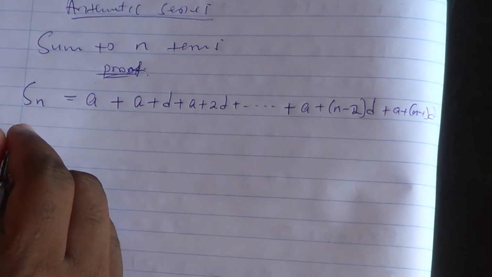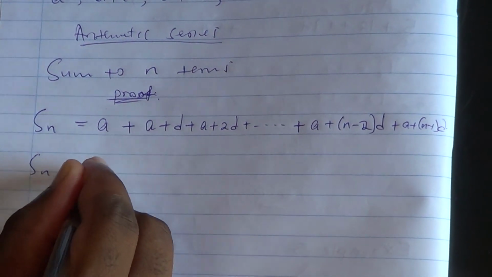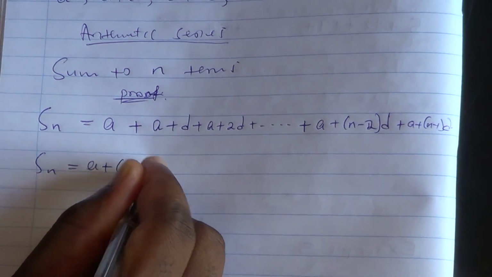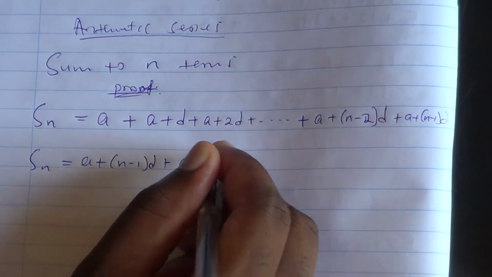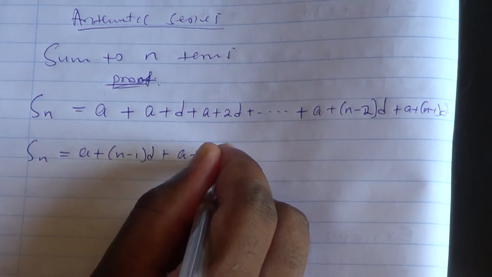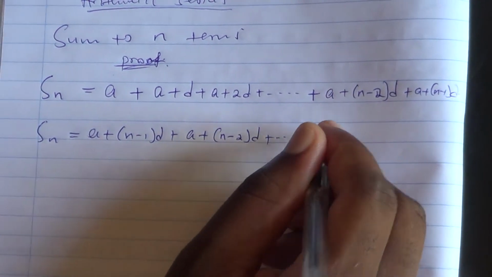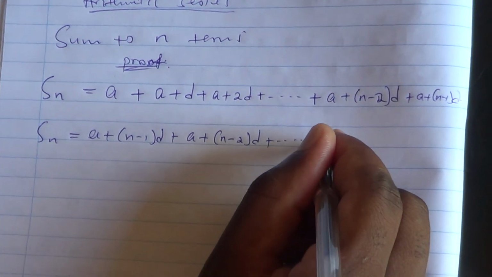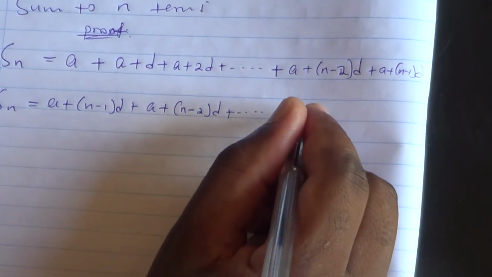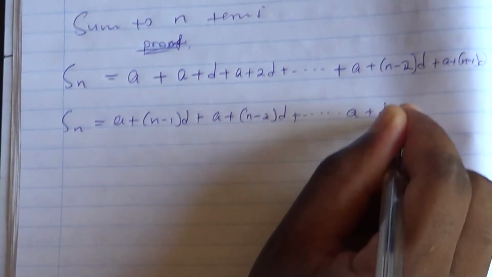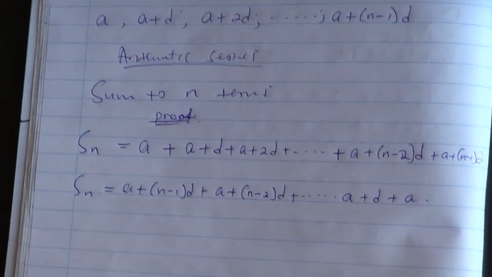So it's going to give me Sn is equal to a plus (n minus 1)d plus a plus (n minus 2)d plus, like that, up until you have a plus d plus a, up to the first one.